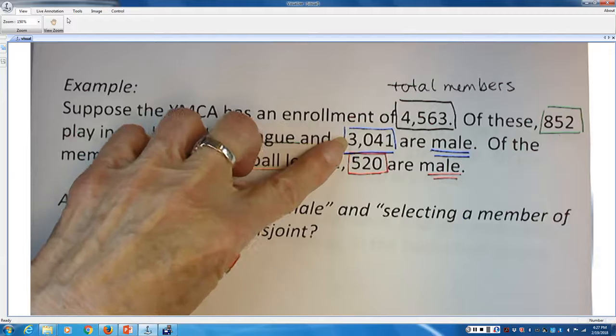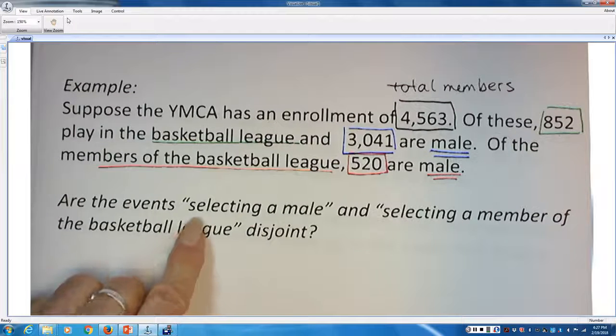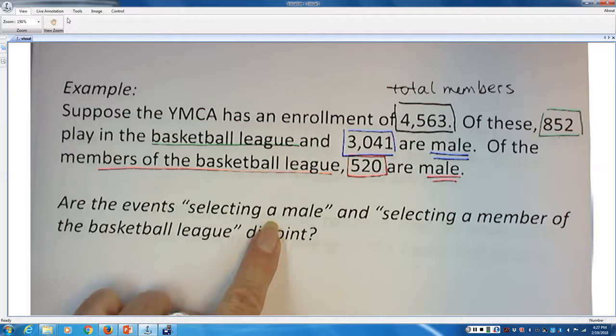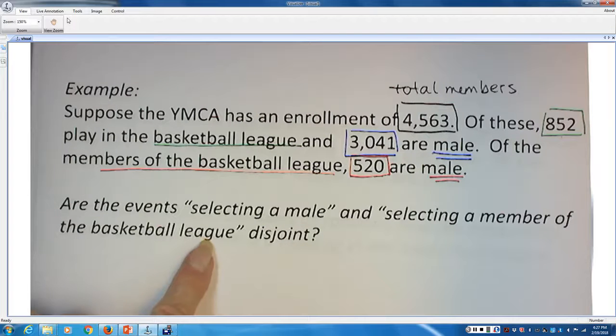Okay? So when we think about that, the first question we have here, are the events selecting a male and selecting a male that's a member of the basketball league disjoint? Or could you select a male that is on the basketball league?